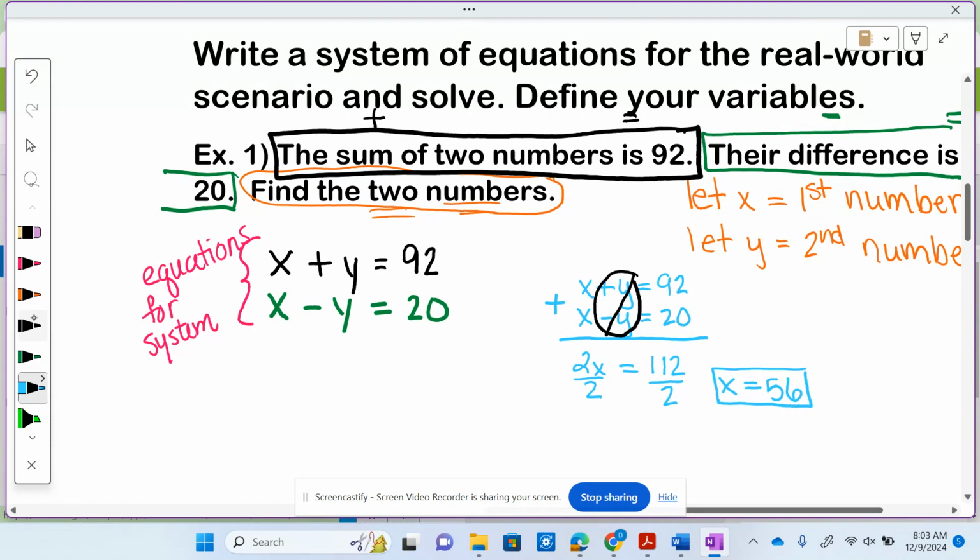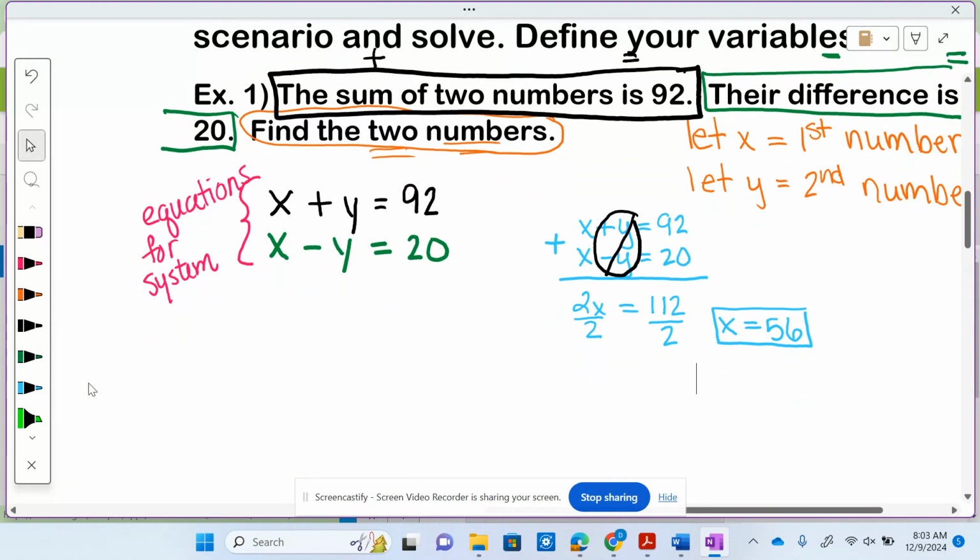How am I going to find the other number? Okay, which equation do you want to work with? The first one? So Ariana says, take that first equation and substitute in 56 for x.